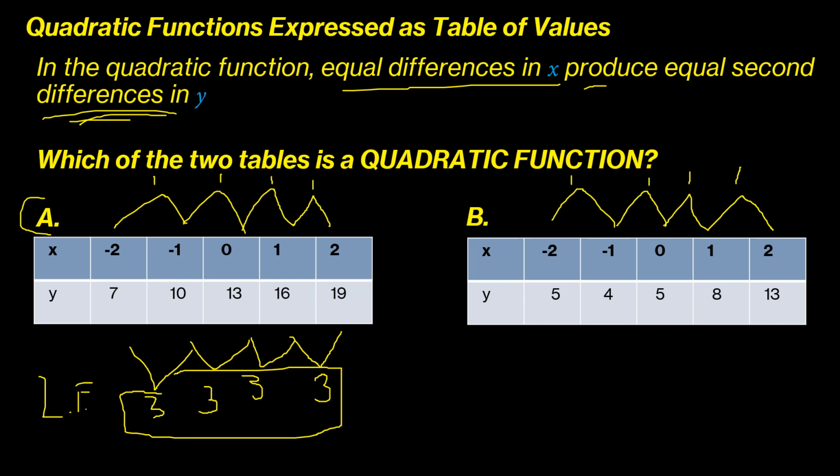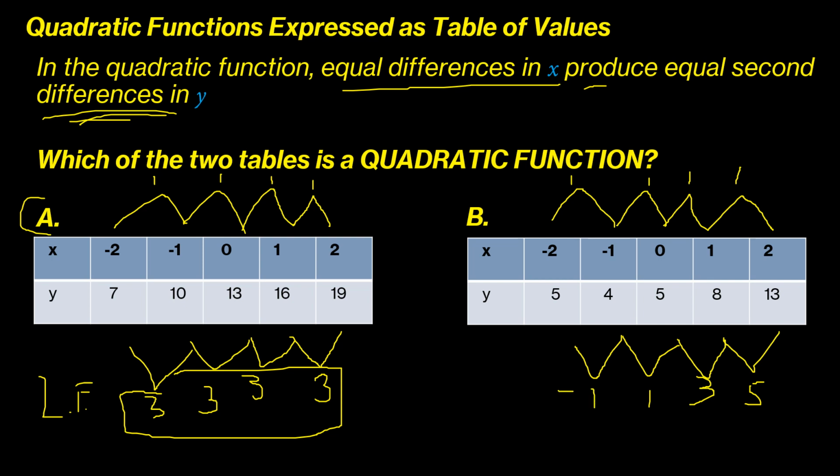And for the values of y, we subtract: 13 minus 8 is 5. Then 8 minus 5 is 3. Then 5 minus 4 is 1. And 4 minus 5 is negative 1.